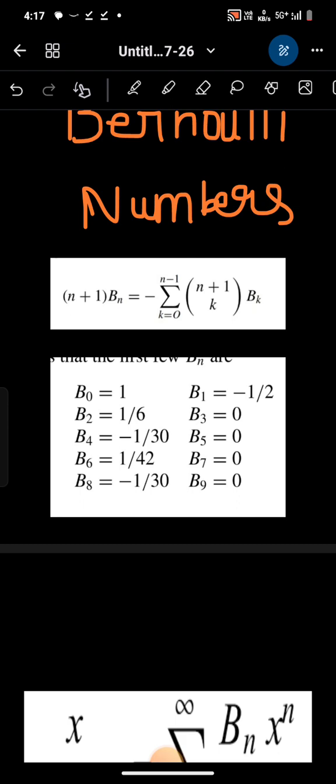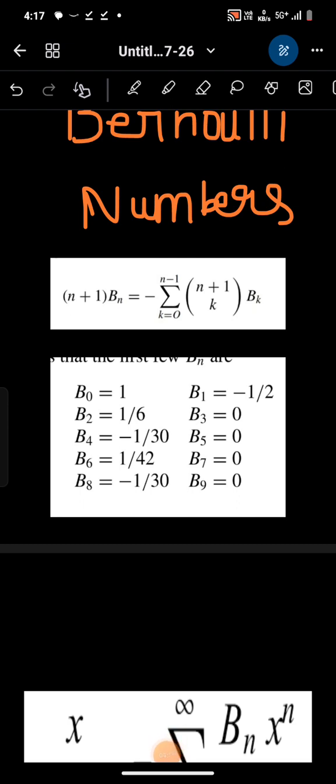If we want the third Bernoulli number, we have to know the second, first and the 0th Bernoulli number, right? It is the recursion. So we are calculating in a recursive fashion by using this formula.